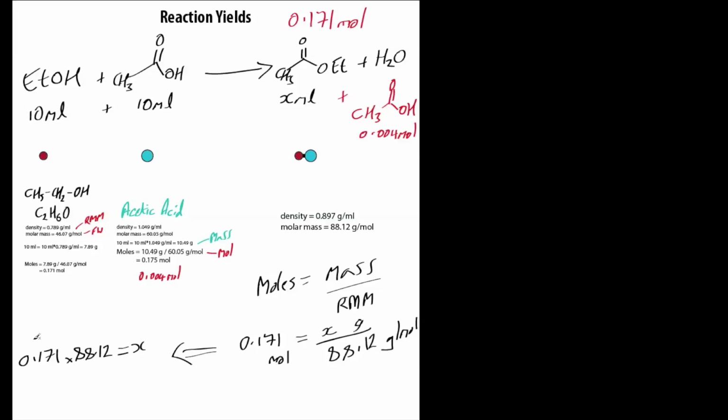Now in terms of units, this one here is in moles, and this is in grams. Sorry, that one is in grams per mole. I should know better than that. So that is in grams per mole equals grams.